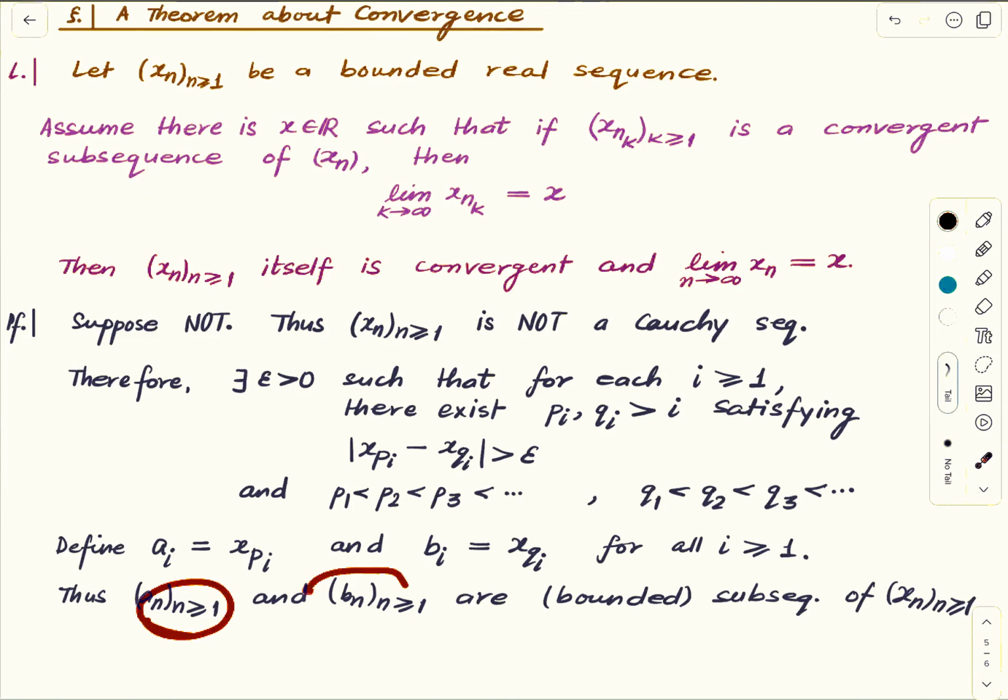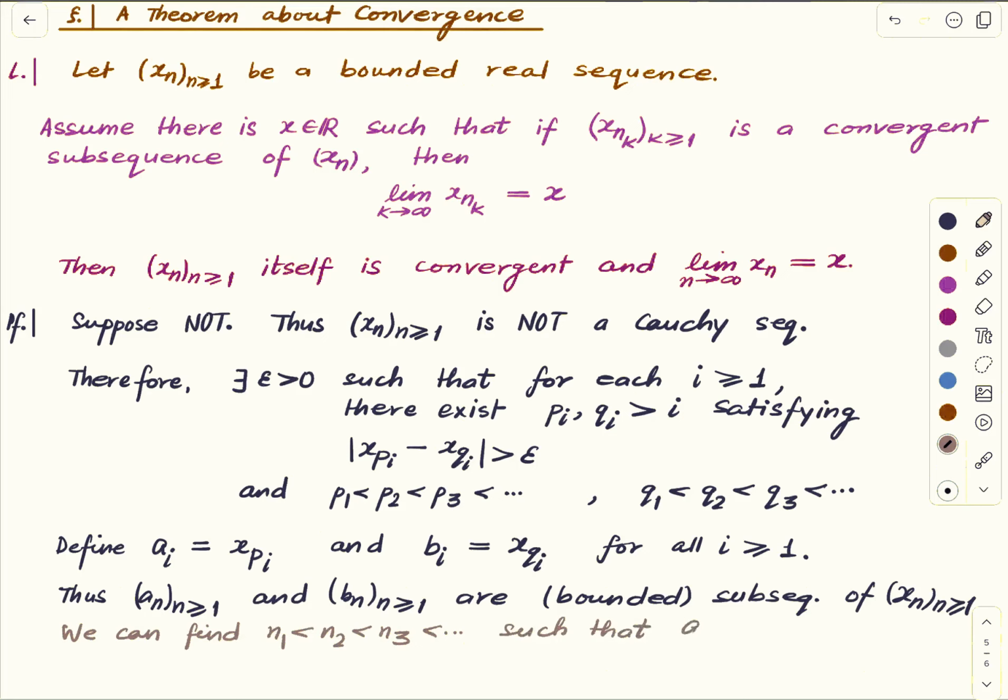We have two bounded real sequences, and by what we just learned in the previous slide, we know that we can extract a quote-unquote common subsequence of both of them, both of which converge. So all I'm saying is that by the previous theorem, we know that we can find n_k such that both of these are convergent. Right? This we have from the previous proposition.